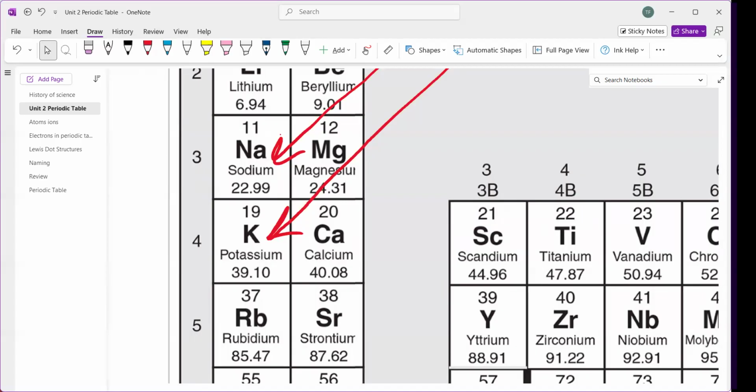So if you go to the grocery store in the next couple days, you go to the spice aisle, find salt. And right near it is going to be light salt. And guess what light salt is? Potassium chloride. Now, does that make sense? And it's because they're in the same group.